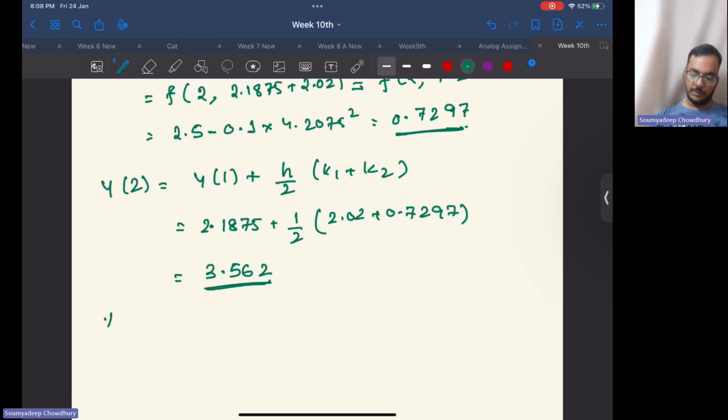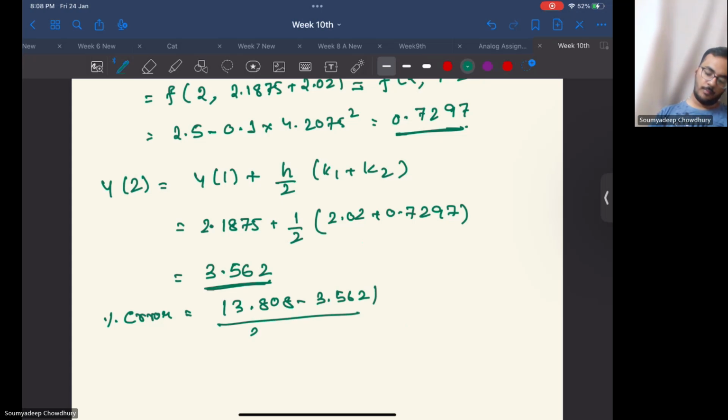Now the true value was 3.8. So if you calculate the error, 3.8 minus 3.562 over 3.8, it is approximately 6.4%.